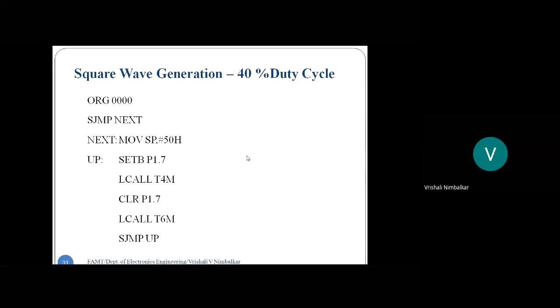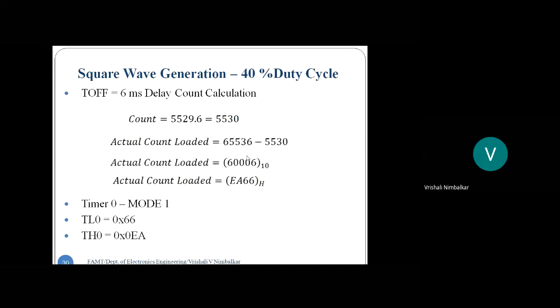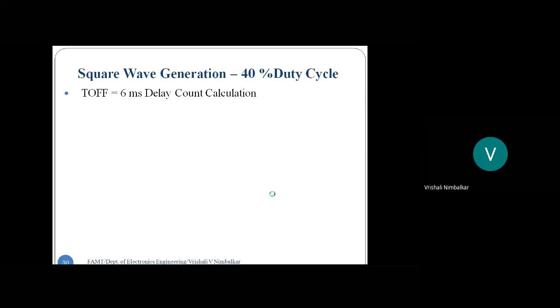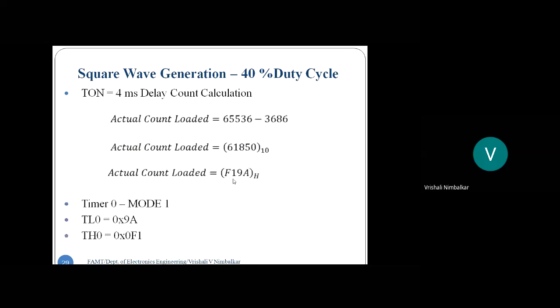Now one more point here. If you keep on changing the count, see what was the count, students? In one case it was EA66, so that was the off time, correct? And what was the on time? F19A. Now if I want a pulse modulated square wave, I need to keep continuously changing the pulse widths of the square wave.